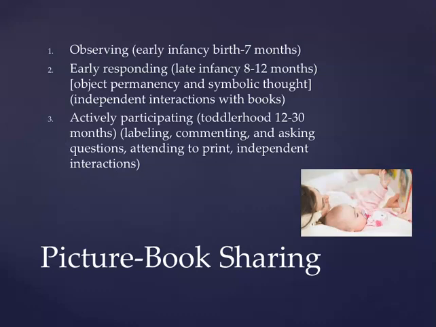And what this means is that when a child has a book in front of them and they turn the page, having object permanency is going to allow them to know that even if they have turned the page and they can no longer see the illustration on the previous page because it's covered, that illustration is still there. And you can see that they might go back and check and see if it's still there.